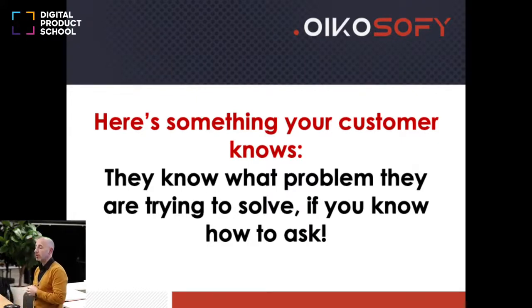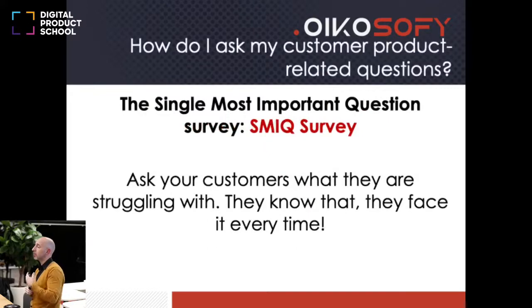And in order to ask the customer the right type of questions, we use this tool. It's called the Single Most Important Question Survey, or SMIQ for short. And what we do in that survey is really two questions only. The most important question is regarding the context, whatever the context is.